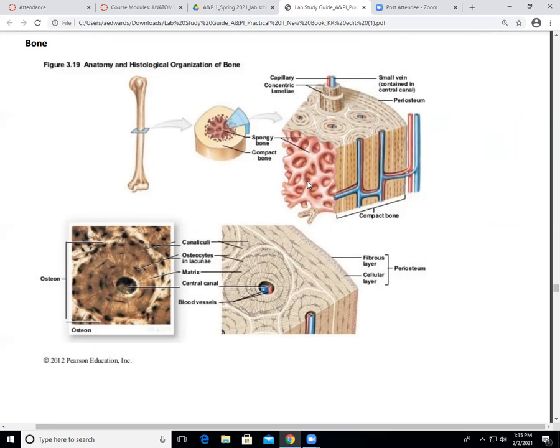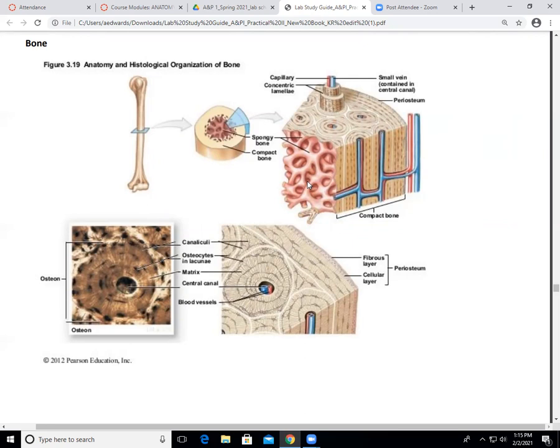So things you need to know about bone. If you see the rings on the trees like that, this whole thing is an osteon. Now within the osteon, you've got some different structures. You have these little dots around them, and those are osteocytes.